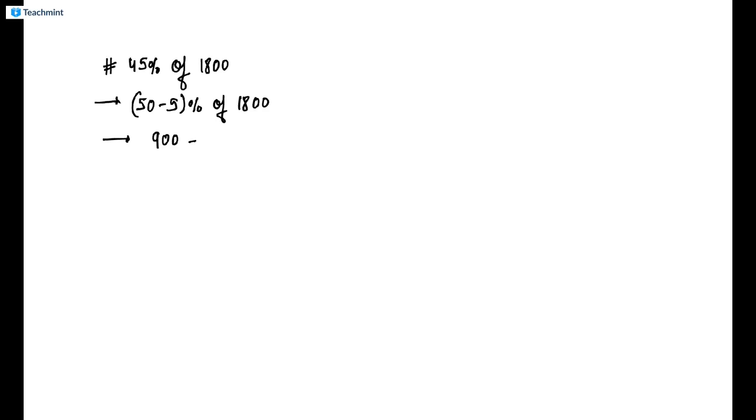I told you, from the right hand leave one digit and put the decimal, so 180 divided by 2. So the answer will be 900 minus 90, which is 810. See, within a fraction of a second, with these six basic concepts that I told you, you will be able to solve this question. Now I'm giving you some examples.